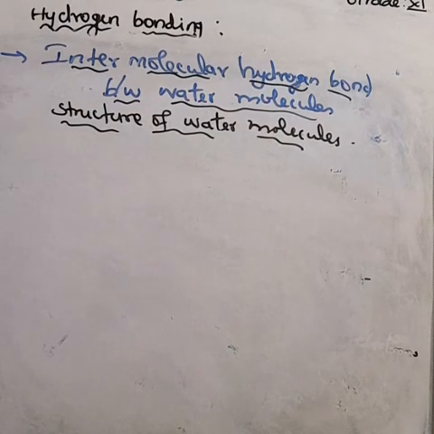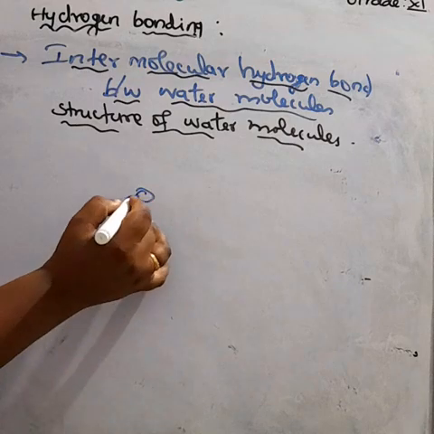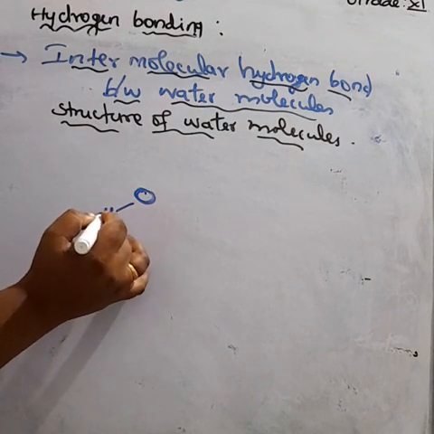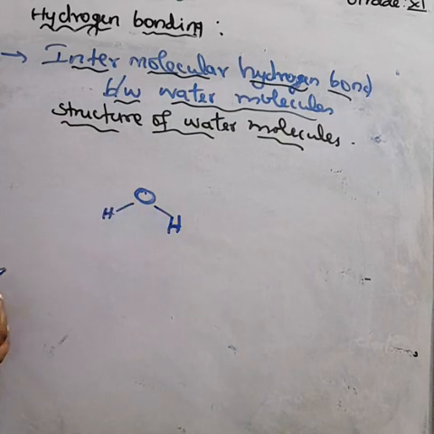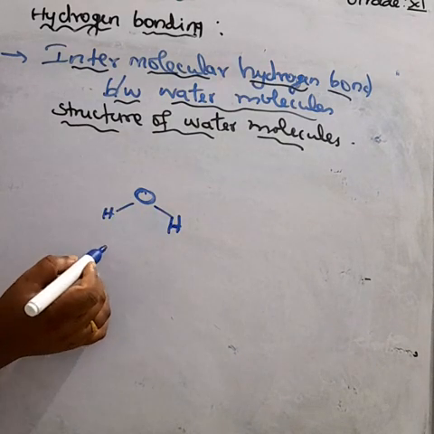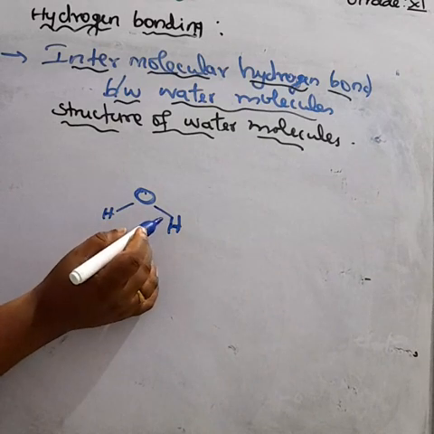Structure of water molecule: water molecules form strong hydrogen bonds with one another. For example, one water molecule forms a hydrogen bond with another water molecule.